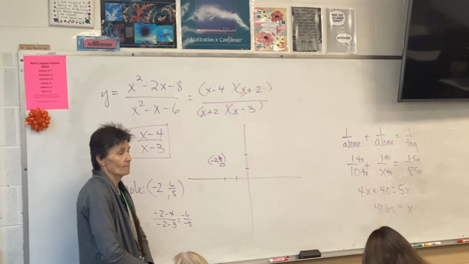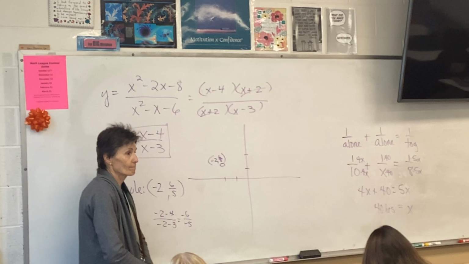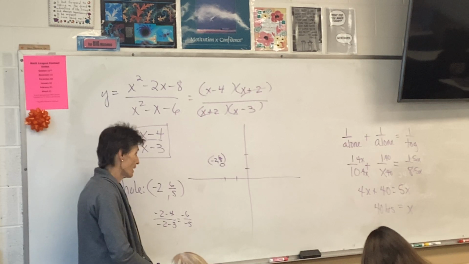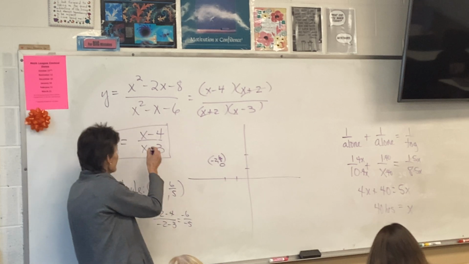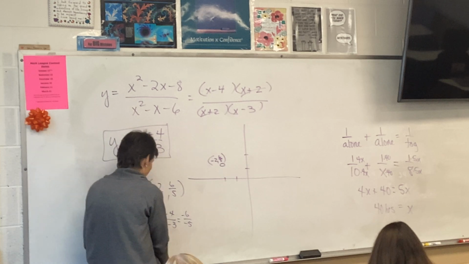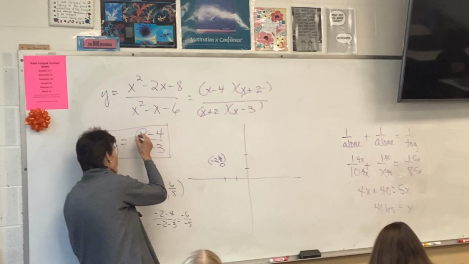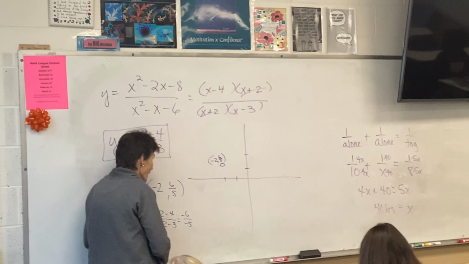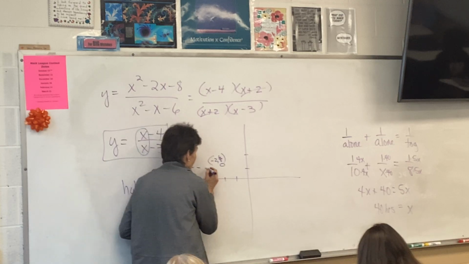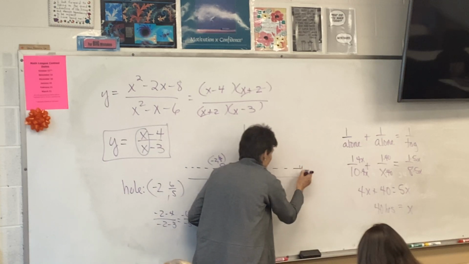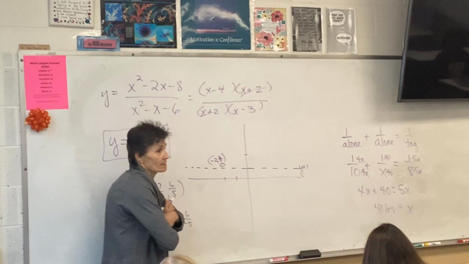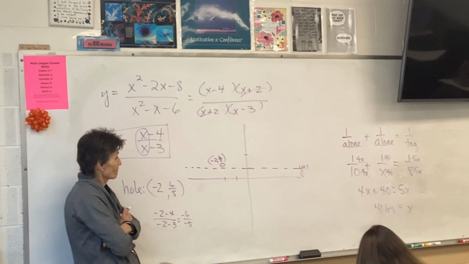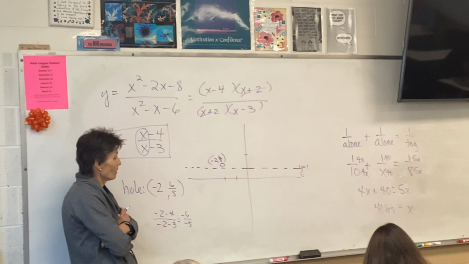All right, what else? Horizontal asymptote, and my horizontal asymptote will be y equals 1. Make sure you're writing y equals 1, because your asymptotes are lines, equations. All right, what else?